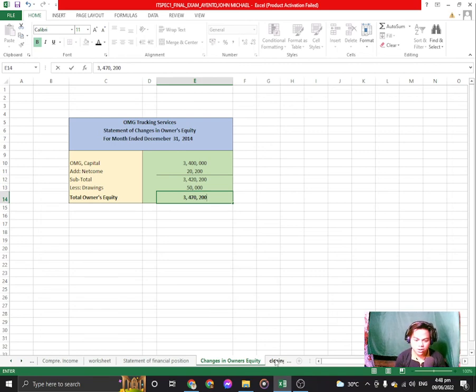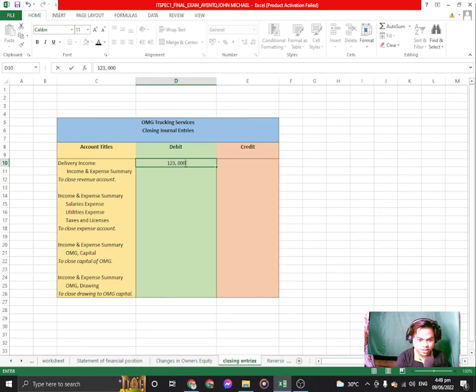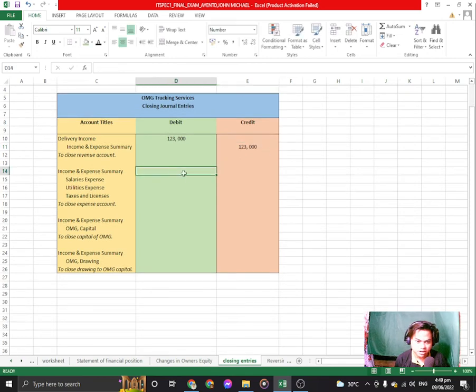Okay, let's go to closing entries. So for the closing entries, we have the delivery income. We have a total of 123,000 for this income and expense summary. Also, we have 123,000, to close the revenue accounts. And then income summary, we have the 41,800.